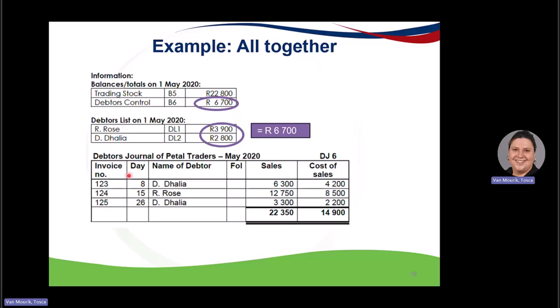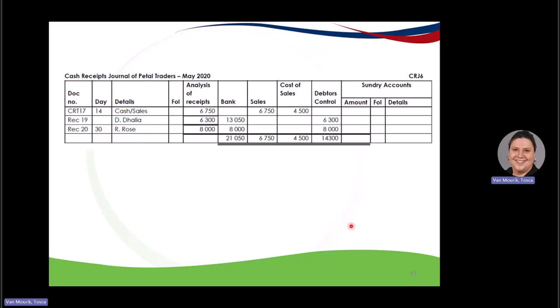Okay, same principle. So in total, we had a total of 22,350 for credit sales for the month of May. And then for cost of sales, we have 14,900. On the cash receipts journal for May, there was some cash sales.